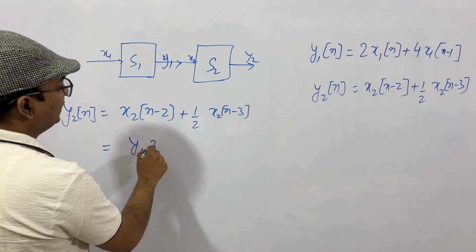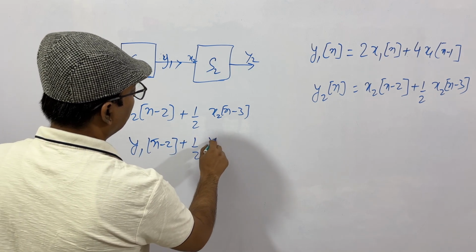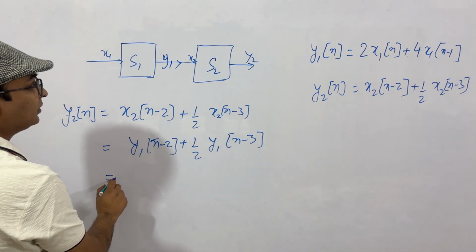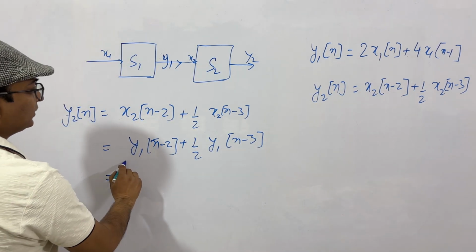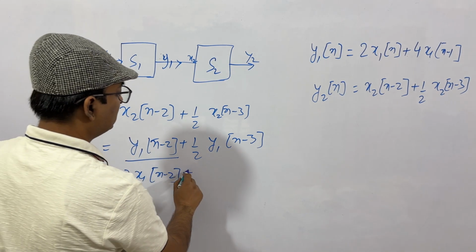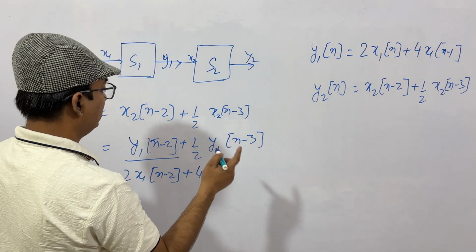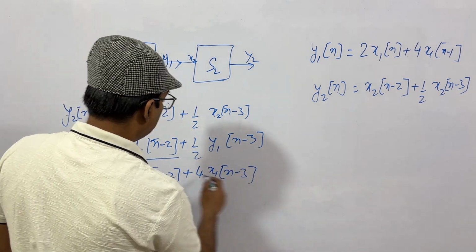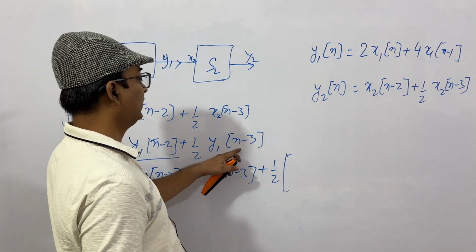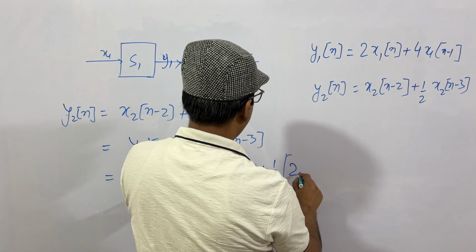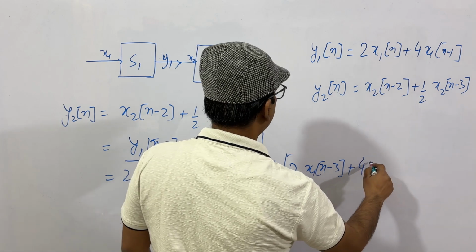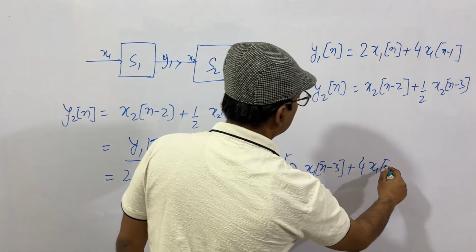For understanding, this is y1[n-2] plus half y1[n-3]. Now, y1[n-2] will be twice x1[n-2] plus 4x1[n-3], and we have minus 2 here, so this will be n-3. This is for the first term. The second term, half y1[n-3], we'll put n-3, so it is 2x1[n-3] plus 4x1[n-4], that is, n-4.